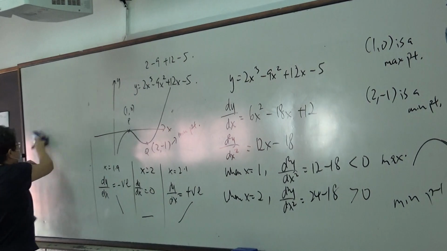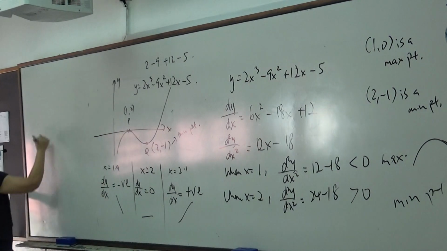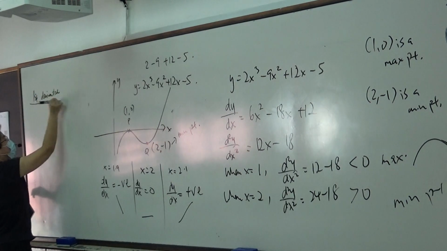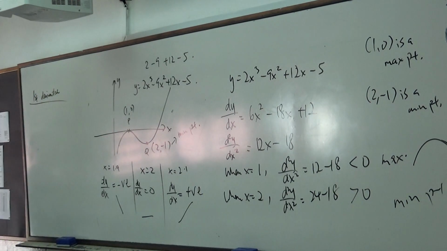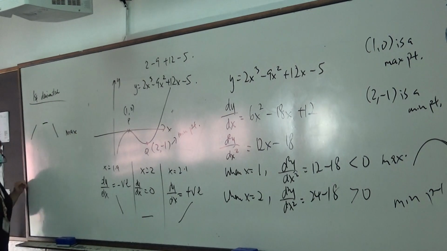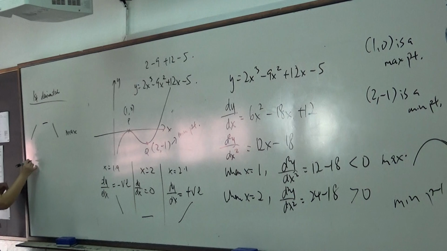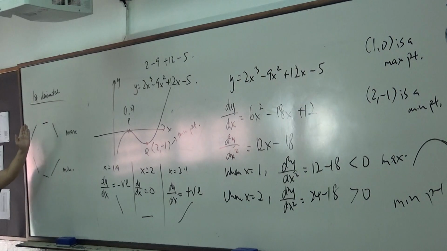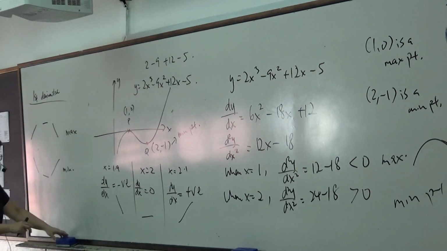First derivative test. All of you look up. Like that, 0, like that means maximum point. Like that means what? Minimum point, right? Negative, 0, positive, right?